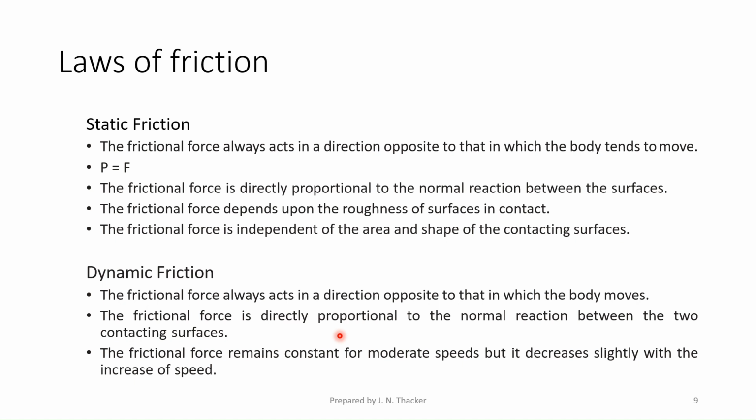F is proportional to N. And the last one is the frictional force remains constant for moderate speeds, but it decreases slightly with the increase of speed. So kinetic friction is constant only up to moderate speeds. If you increase the speeds exponentially, the frictional force decreases slightly. Okay, so these are the laws of friction.